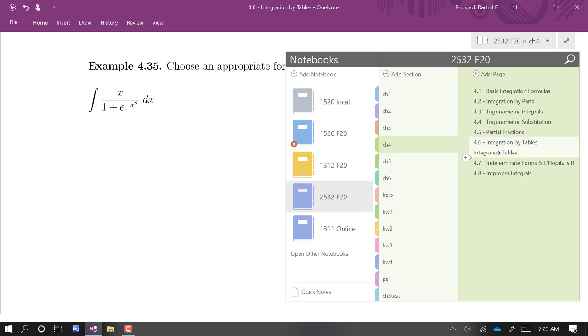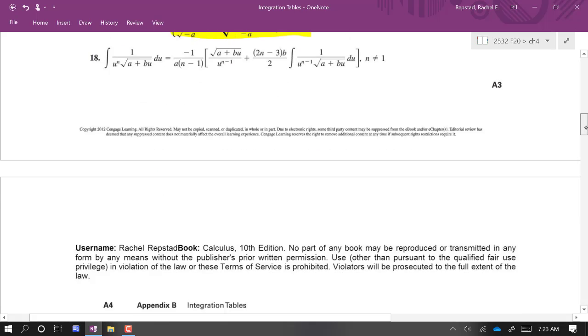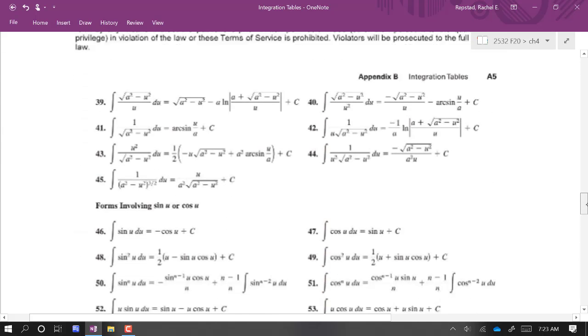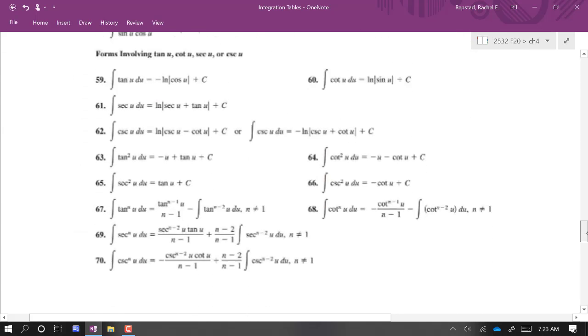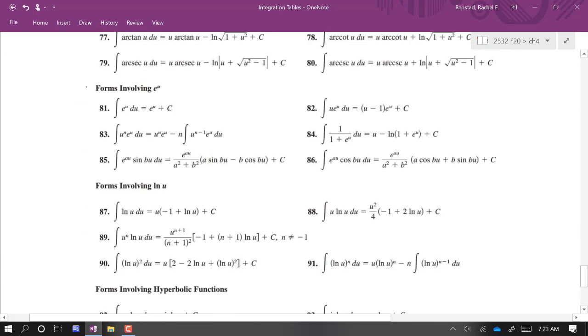So I'm going to take a look at the tables. Let's see, the ones that involve e to the u. Here we go, looking at this section.